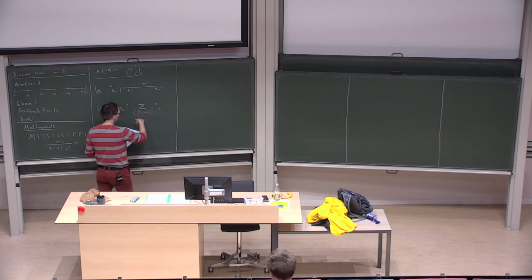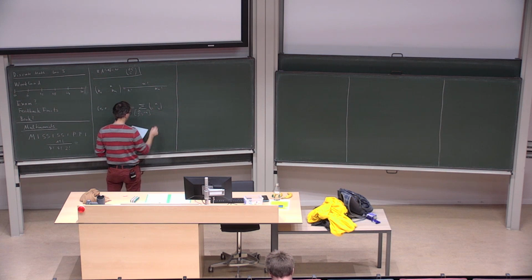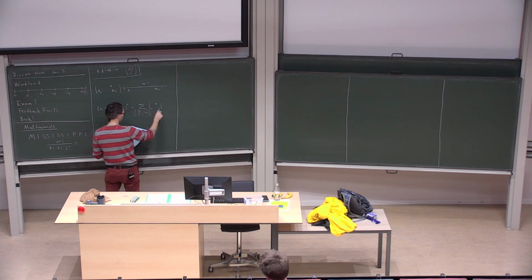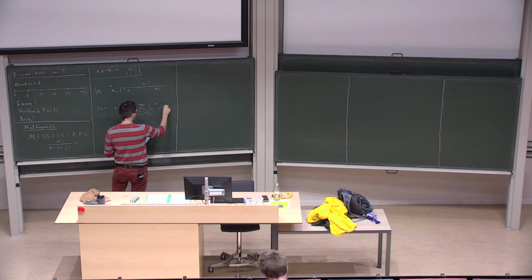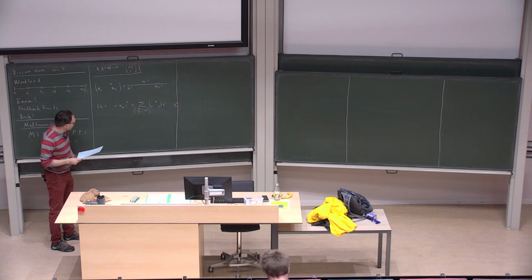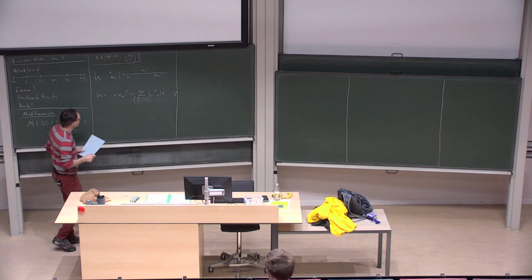So we sum over all these possible ways to add up these ij to n, and then get x1 to the I1 times xk to the ik. I don't want to give a proof, but maybe some intuition.